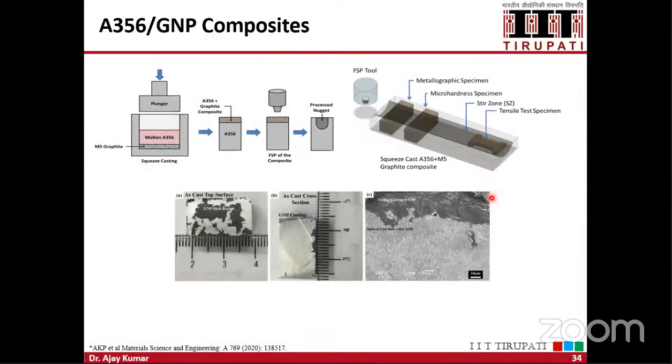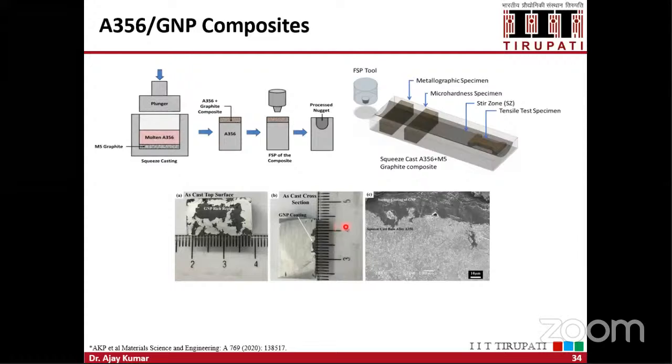Now another recent development we have achieved is mixing graphene nanoplatelets into aluminum alloy composites. So what we have done here is we have tried to mix the graphene nanoplatelets inside the aluminum alloy matrix.